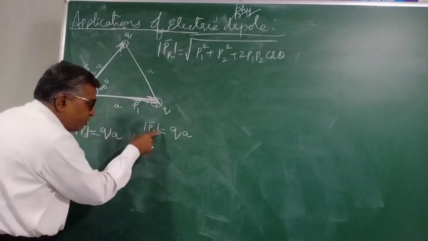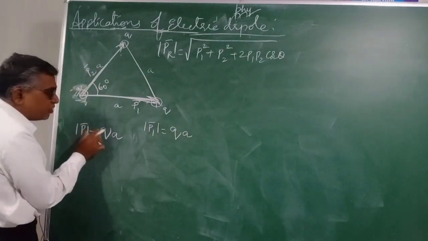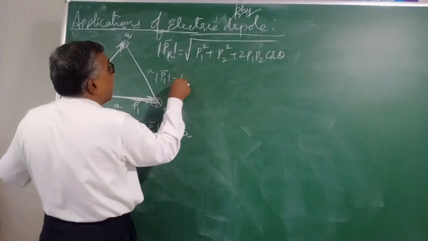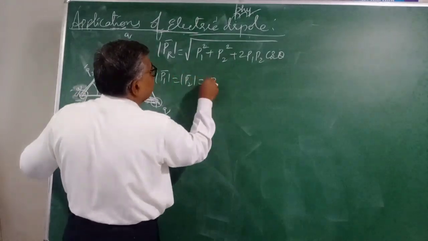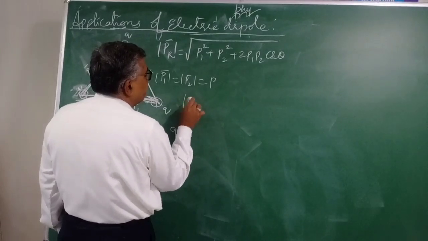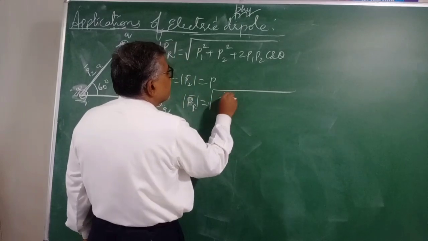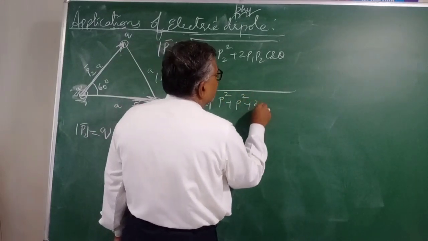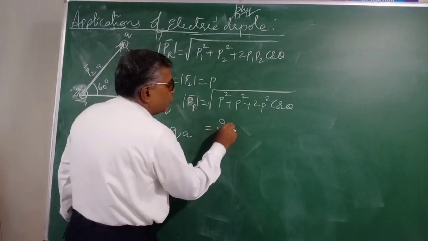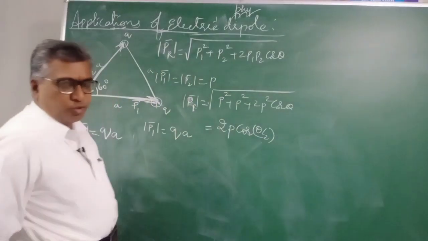But when you observe the values here, the magnitudes of P1 and P2 are both the same. So here mod P1 and mod P2 is P. Therefore the resultant dipole moment is the root of P square plus 2P square cos theta. We have just now evaluated this as 2P cos theta by 2.